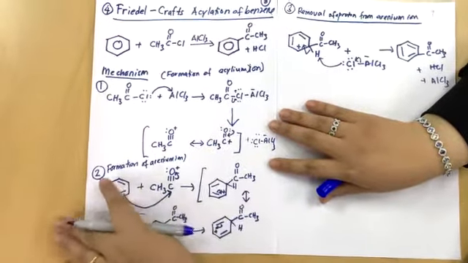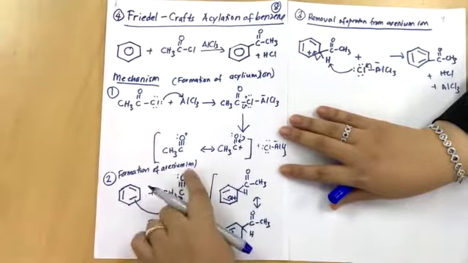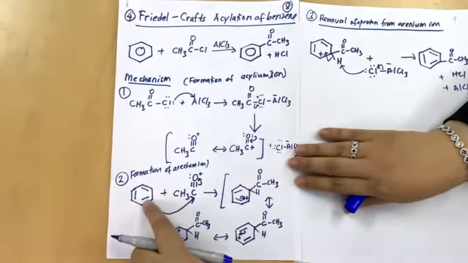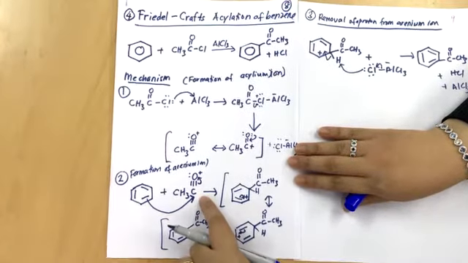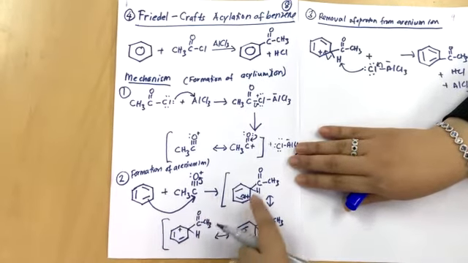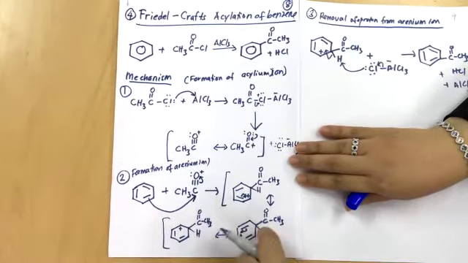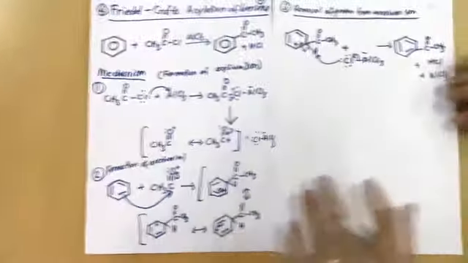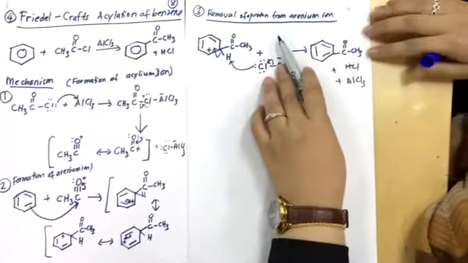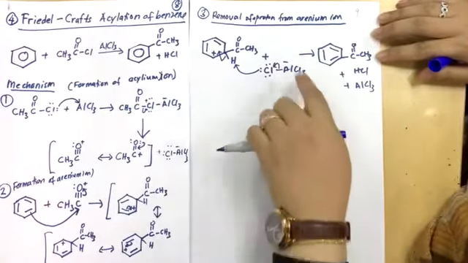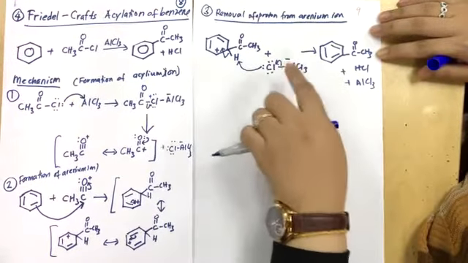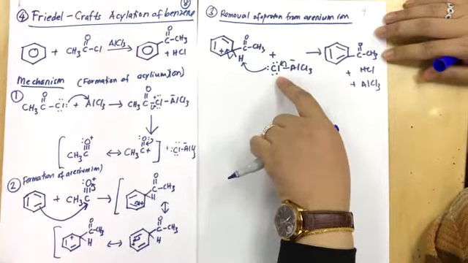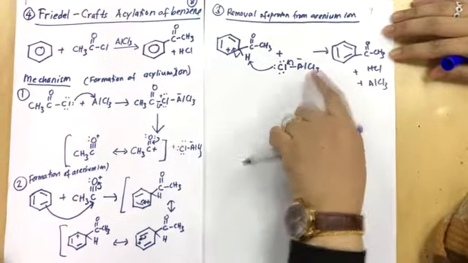And the second part, formation of arenium ion, so you have to show the arrows from the benzene to the acylium ion and form arenium ion. So you have to draw 3 structures. And lastly is removal of proton, using this Lewis acid nucleophile, AlCl4 minus.